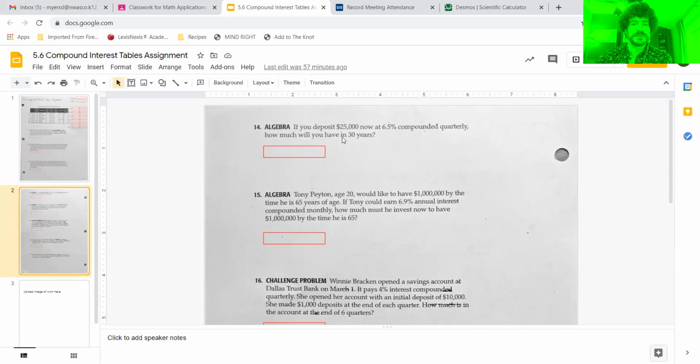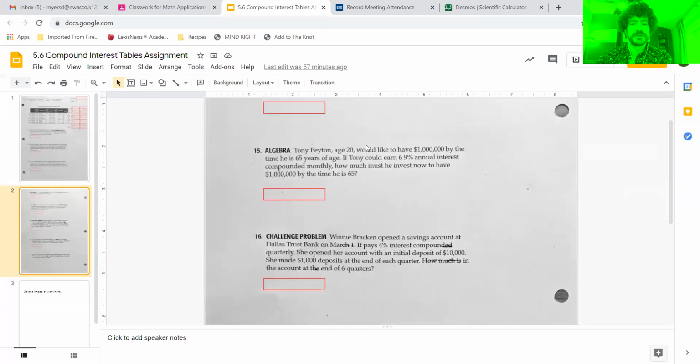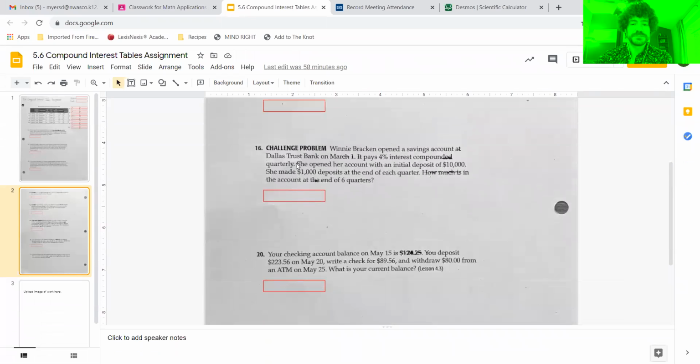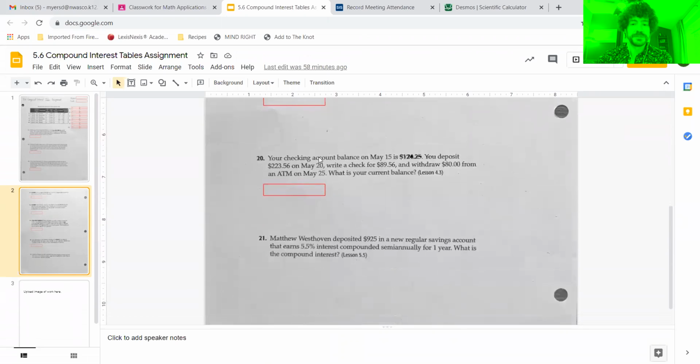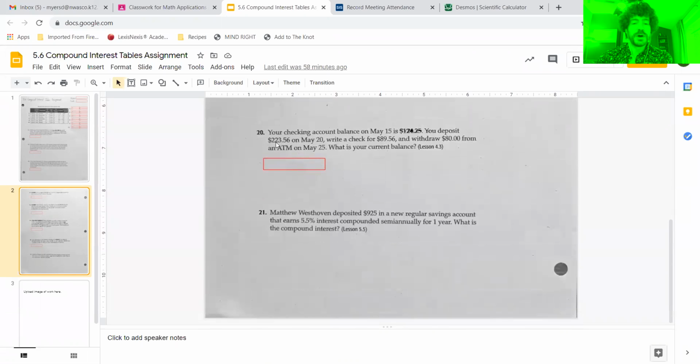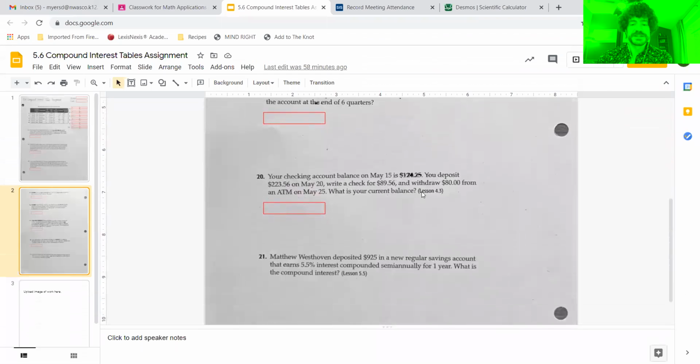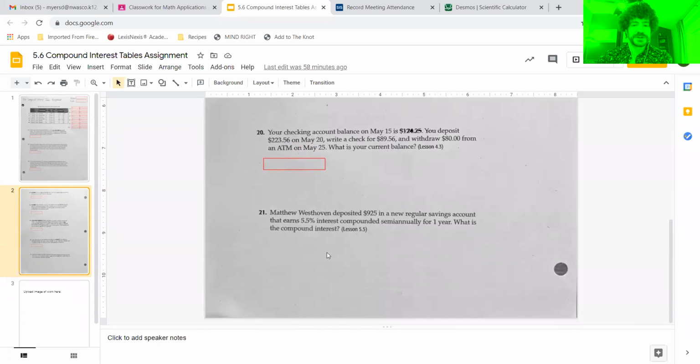So this one doesn't look like algebra to me. 14, that one looks pretty straightforward. This one here, 15, is just like the one we just did. 16, challenge problem. That one will be pretty challenging. Number 20, 16, so a few of them were cut out. 20 is a kind of a recap, and so is 21, and I forgot to put a text box with that one, so I apologize, but try to type in for that one if you can.